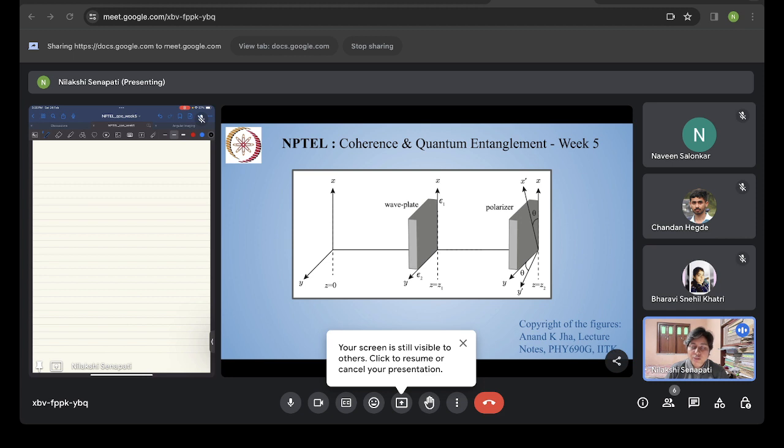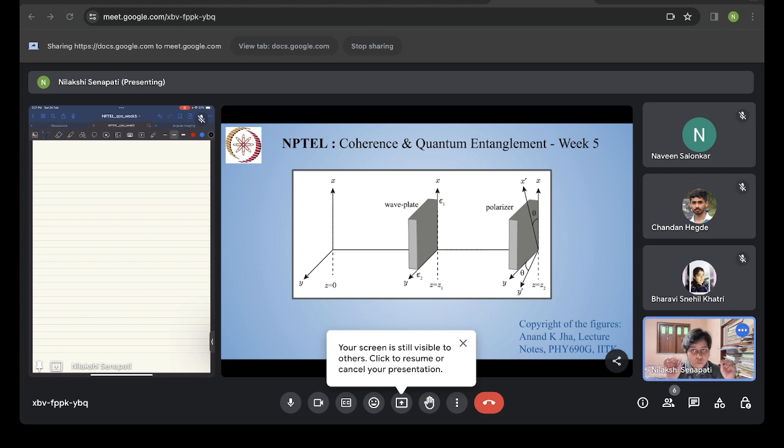So now we are going to study the vector field, which has both magnitude and direction. The direction in which an optical field vibrates is called polarization. Here we are going to study the polarization properties of light, and how to quantify whether electric field vibrations in one direction are correlated with the electric field vibrations in some other direction.